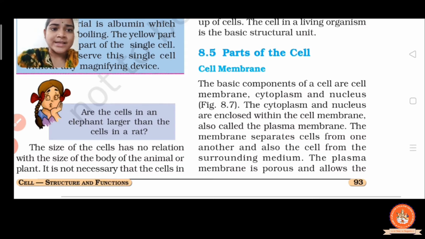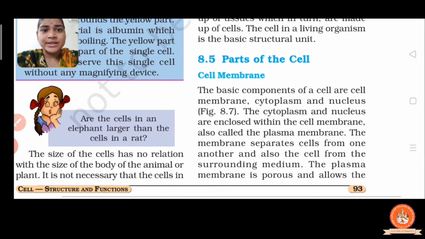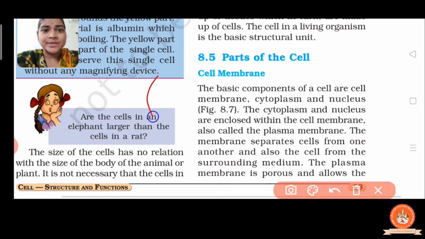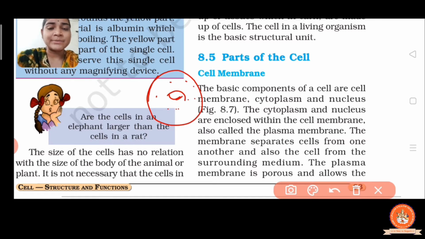The cytoplasm and nucleus are both enclosed within the cell membrane. Suppose here is the cytoplasm, the cell membrane, and the nucleus; they are both enclosed within a cell membrane, right? It is also called the plasma membrane.